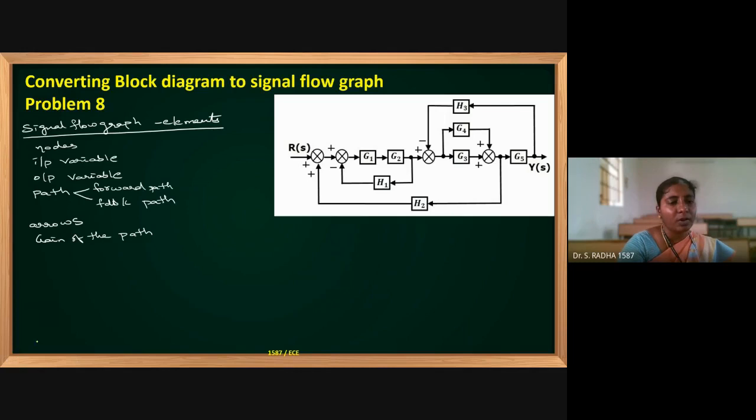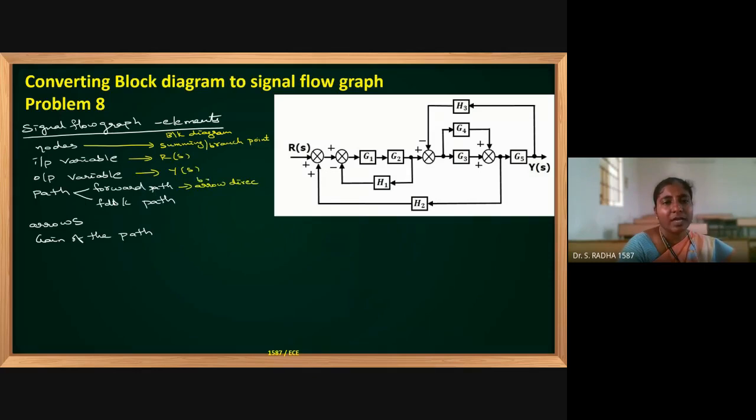And coming to the block diagram, these nodes are nothing but the summing points or branch points in the block diagram. That is called a node. Input variable we already know in this diagram, R of S. Output variable in this diagram, Y of S. Forward path means the arrow should be in the forward direction, based on arrow direction.